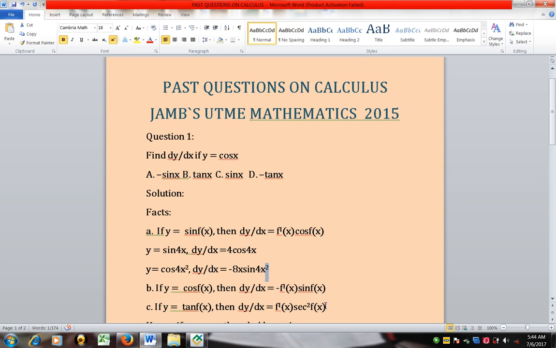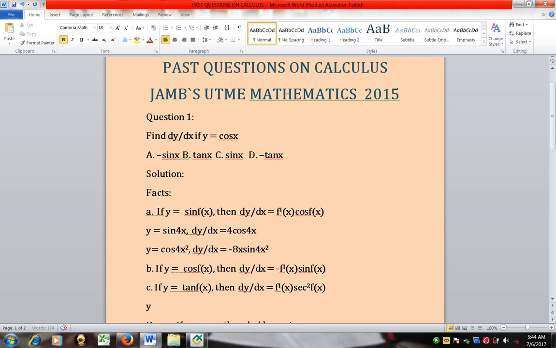If we have a tan function, let's say y is equal to tan 9x, now our dy/dx will be equal to, we differentiate the 9x, we get 9, then sec squared. Instead of writing tan 9x, we write sec squared 9x. So that is how to differentiate trig functions of this kind. I hope this is clear enough.